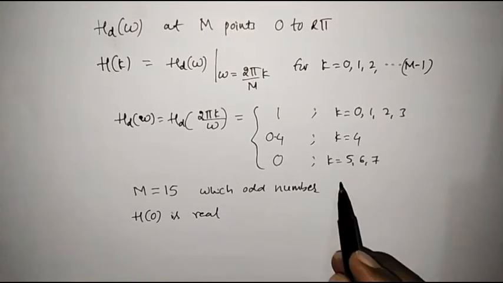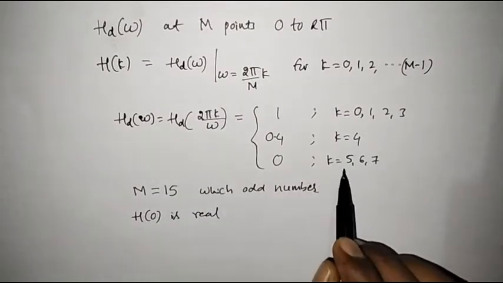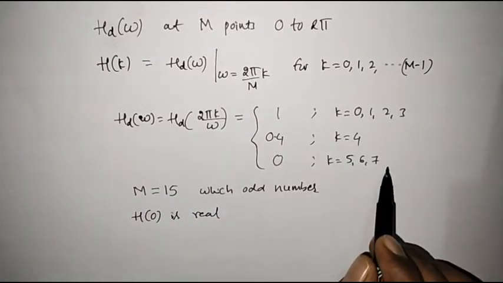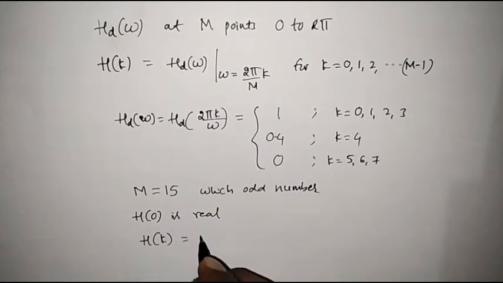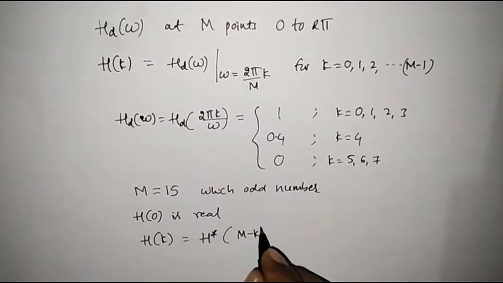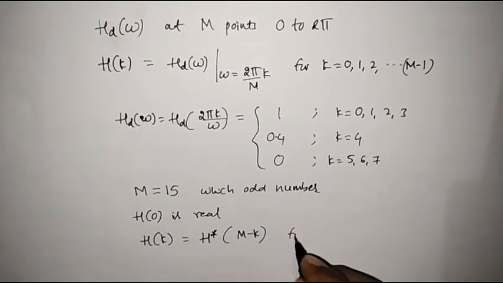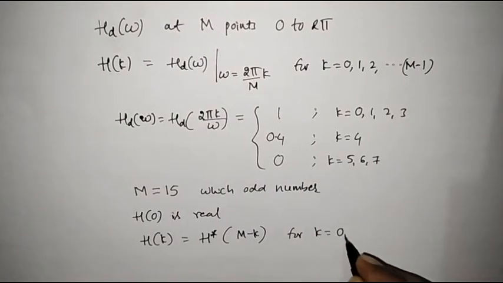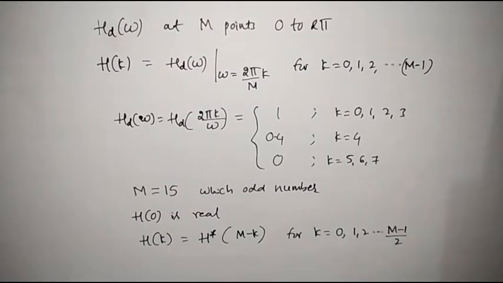To find the remaining samples, that is the values for k equal to 8 to 14, we know that H of k is equal to the complex conjugate, H star of M minus k. This is for k equal to 0, 1, 2 up to M minus 1 by 2.